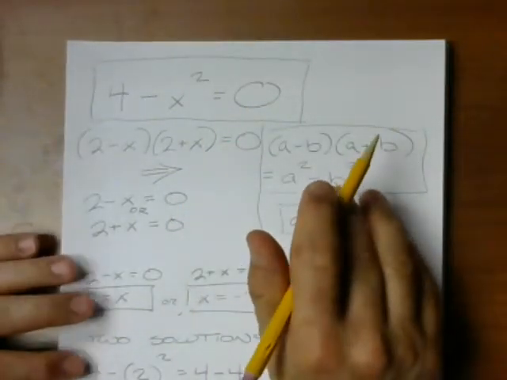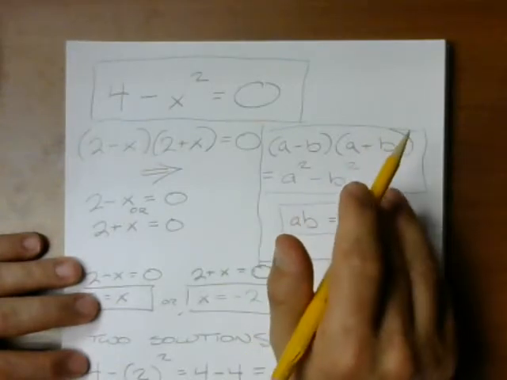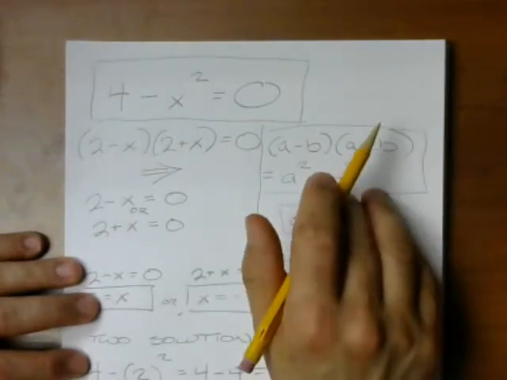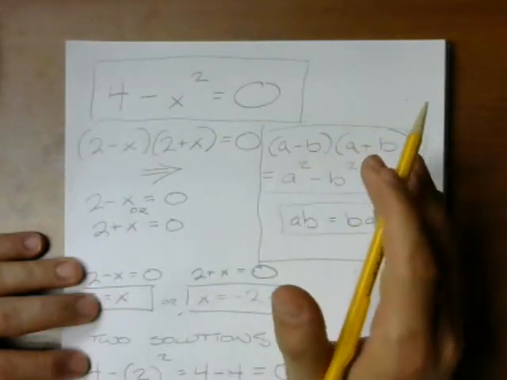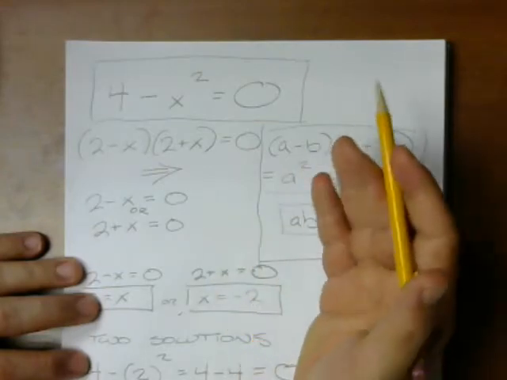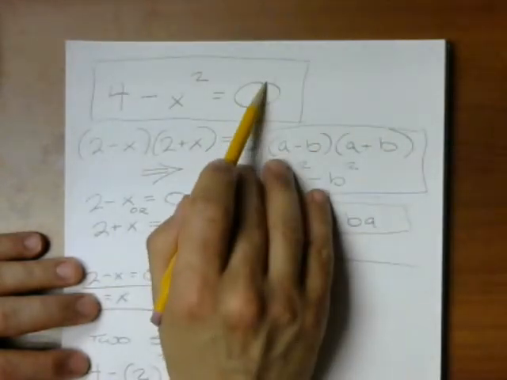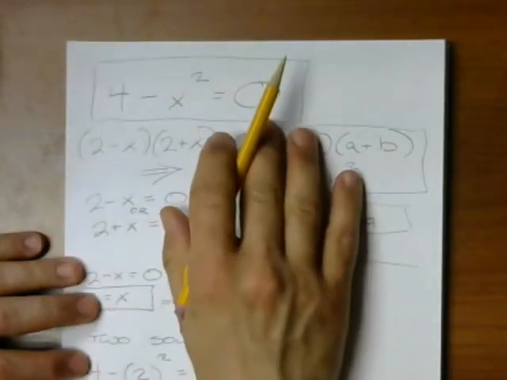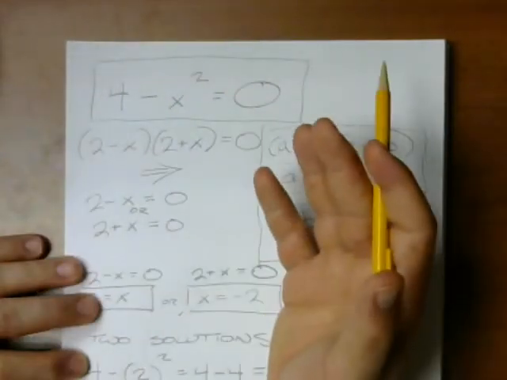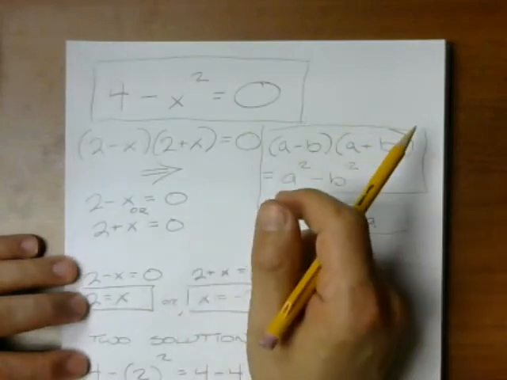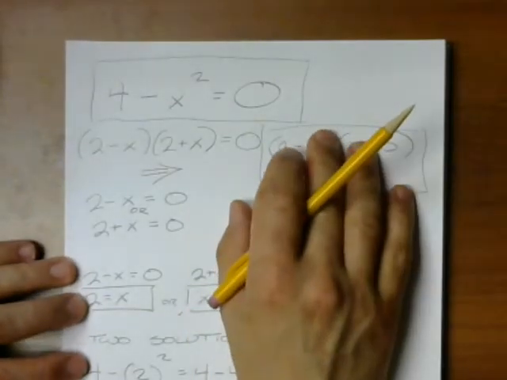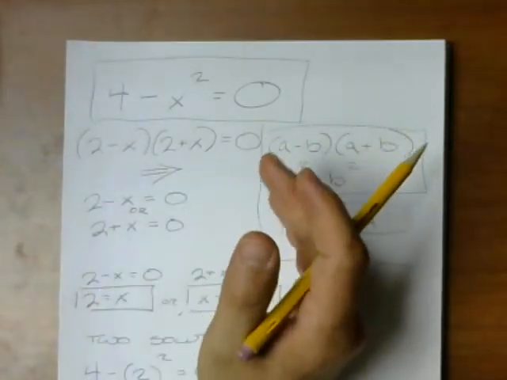So what we want to do is we want to develop a collection of techniques that allow us to write something as a product. Because once something is written as a product, if one side is 0 and we're setting that product to 0, as you can see, we can get pretty far quite easily. And that's what we're going to be doing in this section.